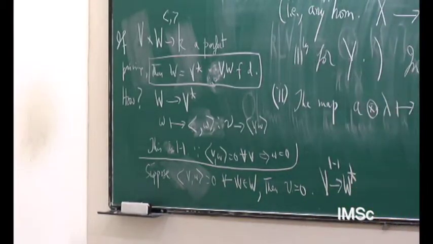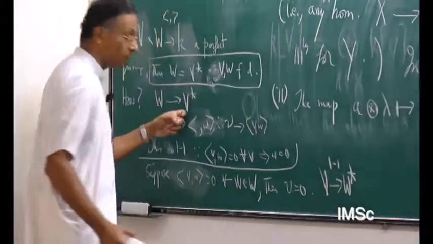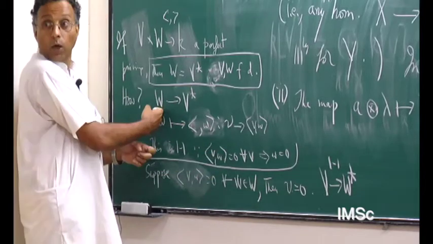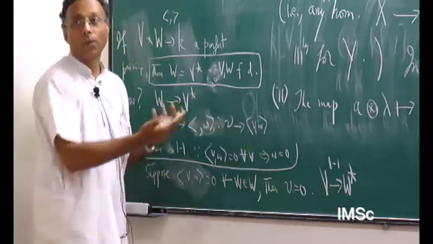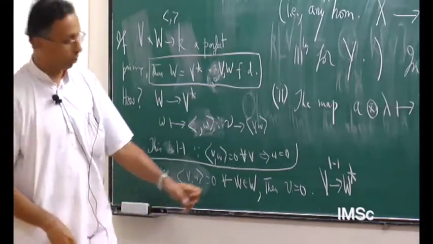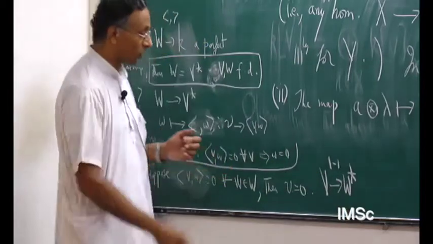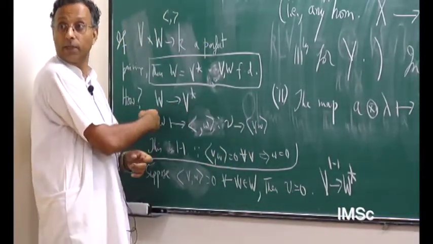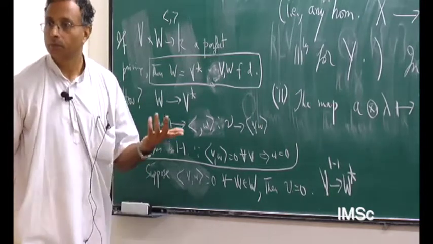Once you have a pairing, you have a natural map. Once you have this map is 1 1, once you have the other way, this map will become onto, because the dimension of this is at most the dimension of this. Therefore, this becomes an onto map.